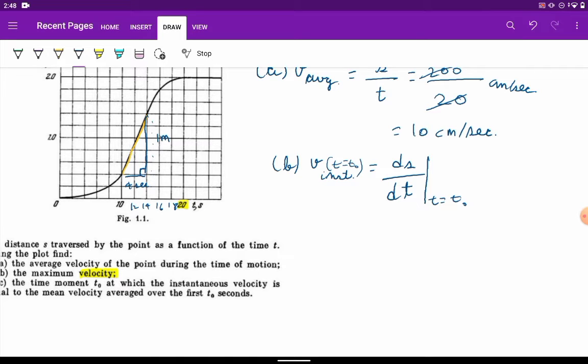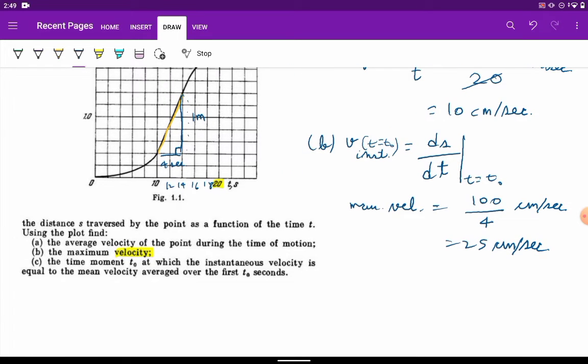So your maximum velocity, again in centimeters per second, 1 meter is 100 centimeters divided by 4 seconds, that becomes 25 centimeters per second. All right, so we have done the first two parts.